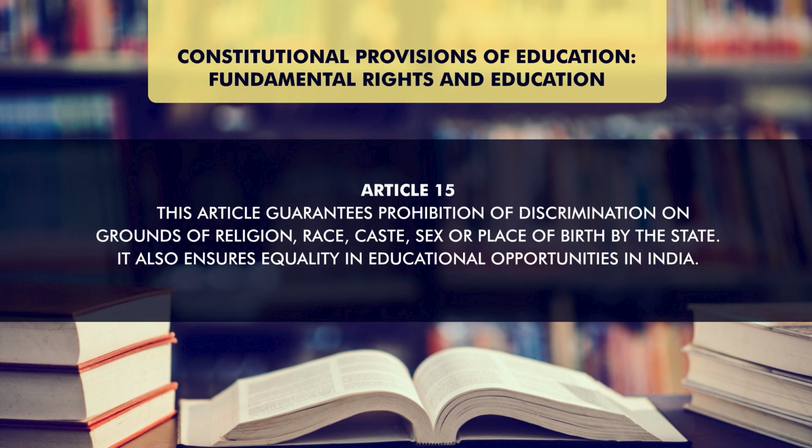So, no discrimination should be made by the state in providing education to the child on the ground of religion, race, sex or place of birth of the child. So, equal facilities will be provided to each and every child of the country. Article 15 safeguards it.